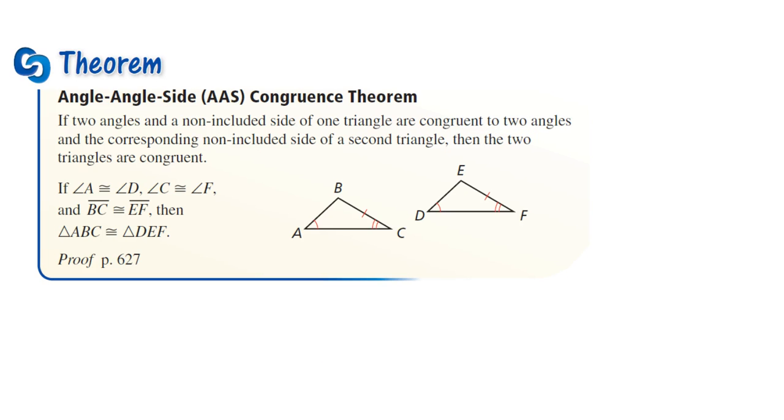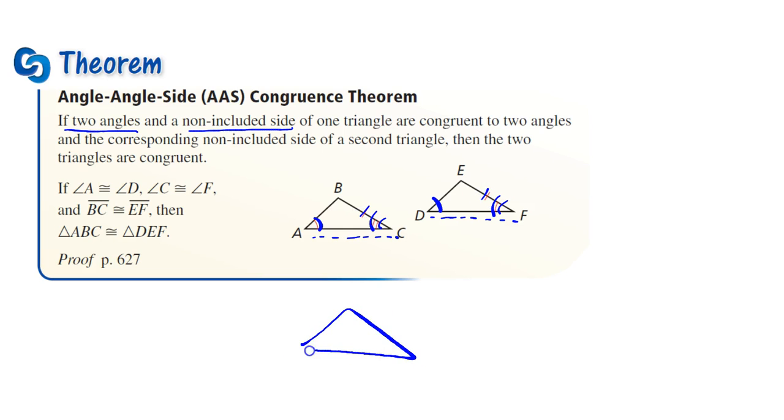The other theorem we're going to talk about is angle-angle-side. And you'll notice this time you have two angles and a non-included side. So when we have angle A congruent to angle D and angle C congruent to angle F, you'll notice it is not the side that connects them that is being marked congruent. It's over here and over here.